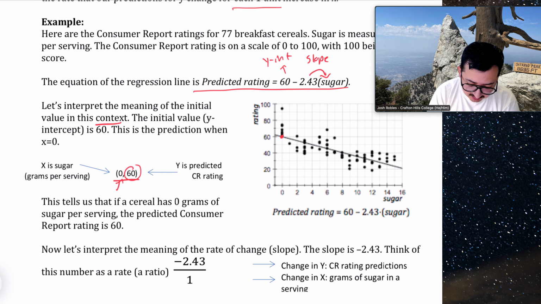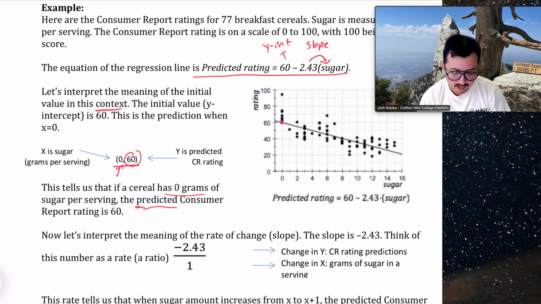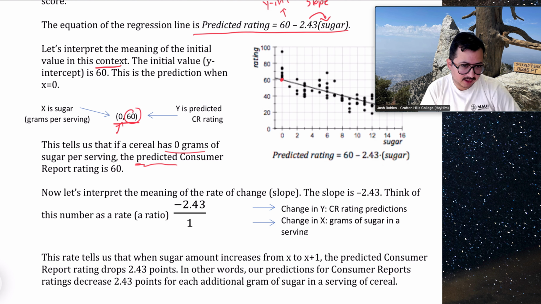So that tells us if a cereal has 0 grams of sugar, the predicted rating is 60. That style of phrasing is always true. It's 0 of whatever the x variable is. You should say the x variable in words, then the predicted y variable, whatever the number of the y-intercept is. So these are pretty short. Keep a little note card of that style phrase there.